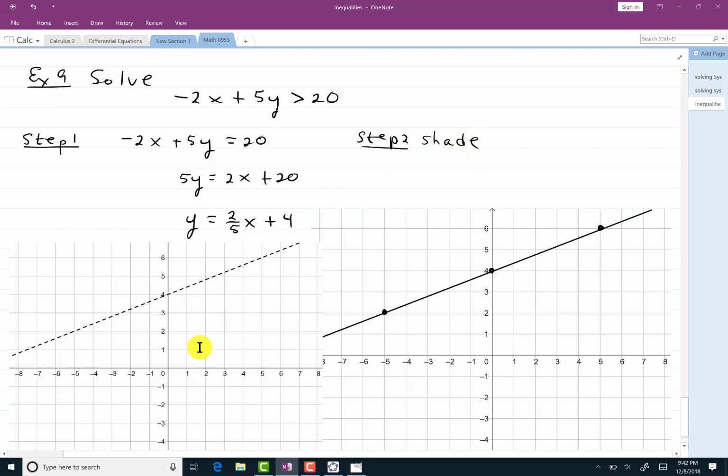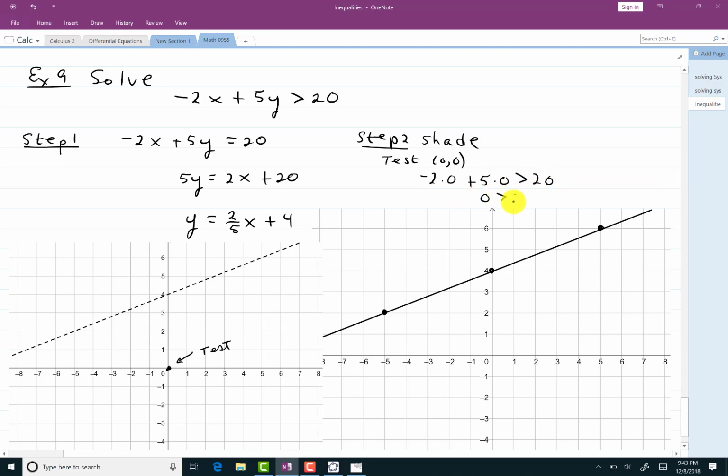And once again, if I can find a point that's not on the line that's convenient, like 0, 0, I'll use it. So let's go ahead and test that. This is where I use the inequality. So we will test 0, 0, and I will plug it into this inequality here. Negative 2 times 0 plus 5 times 0 is greater than 20.